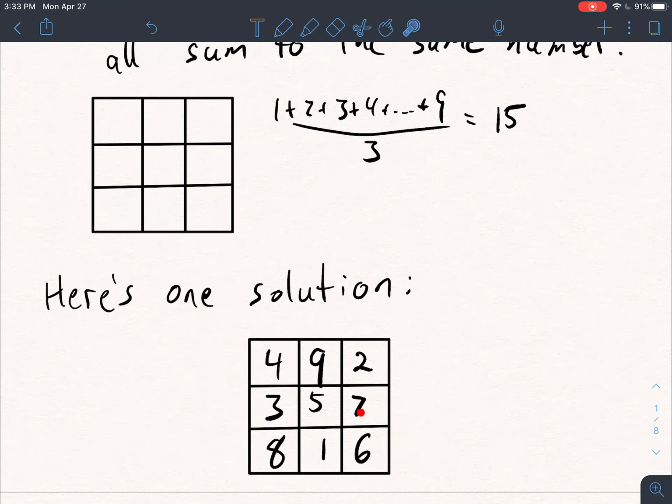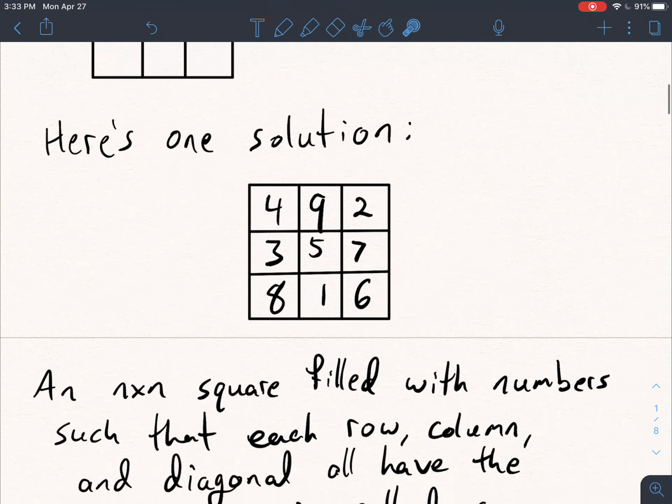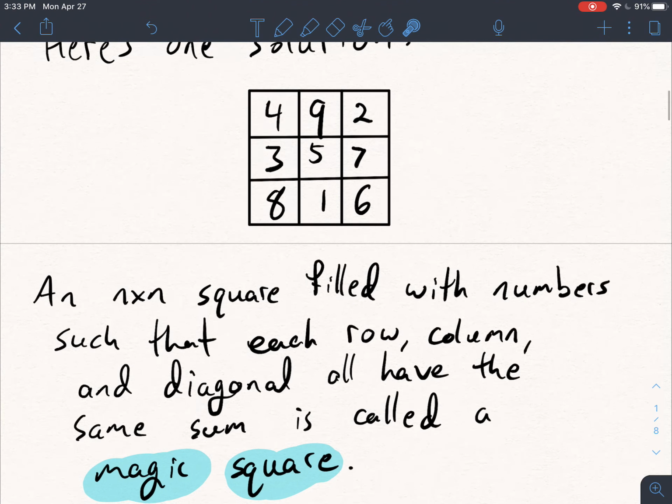And then what does this last entry need to be? Well, the first row adds up to 13 so far, so that'll be a 2. Then we should check that this adds to 15: 2 plus 7 plus 6, that's 9 plus 6, yeah, that's 15. And then 8 plus 2 plus 5, that's 15. So this works. Okay, so that's one solution.